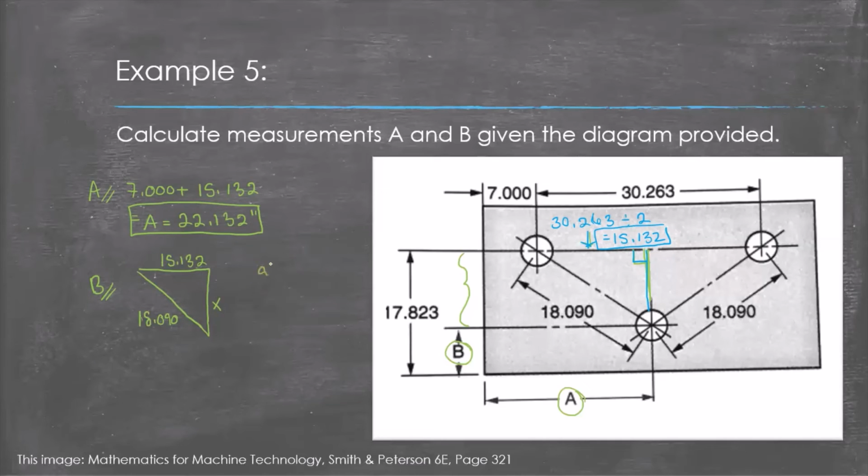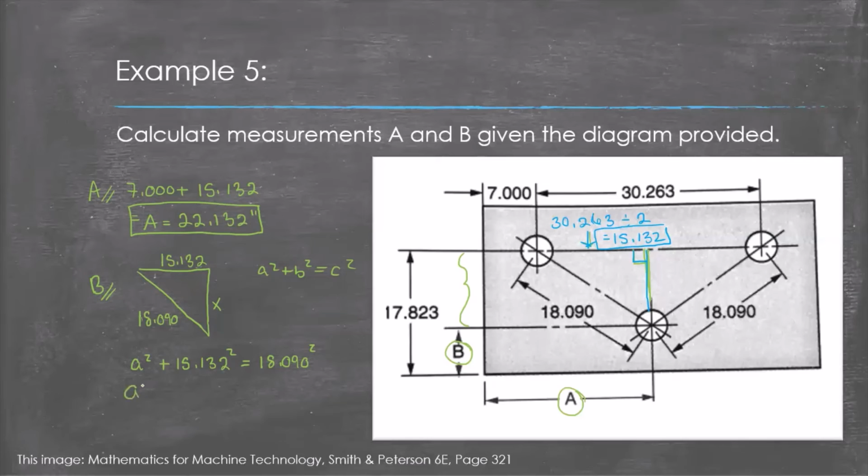In order to find X, we put it into our formula: a squared plus b squared equals c squared. 18 is our c. The 15 could be either a or b. I'm always afraid if I flip orders, even though you're allowed to do it, I don't want to mess somebody up, so let's switch back. So x squared plus 15.132 squared is equal to 18.090 squared, and we've got to put squares on each of those.